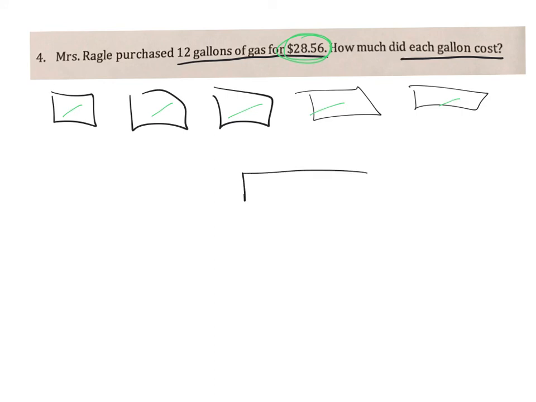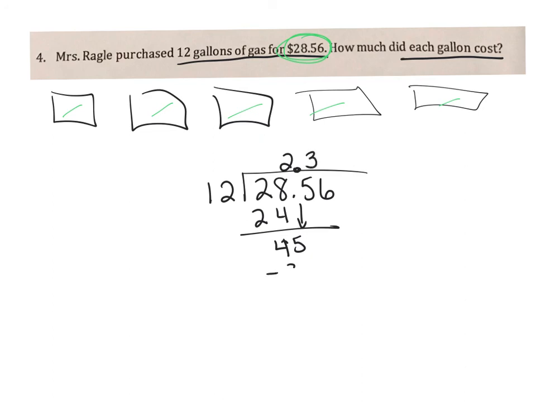So we're going to divide the $28.56 by 12. 12 will go into 28 twice, gives me 24. Bring a 4 down. 28 minus 24 is 4. Bring your 5, bring your decimal up. 45, or 12 will go into 45 3 times, which is 36.